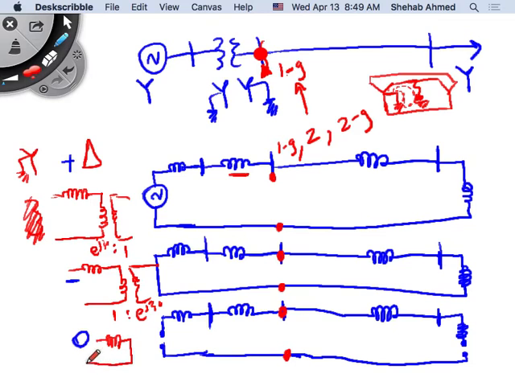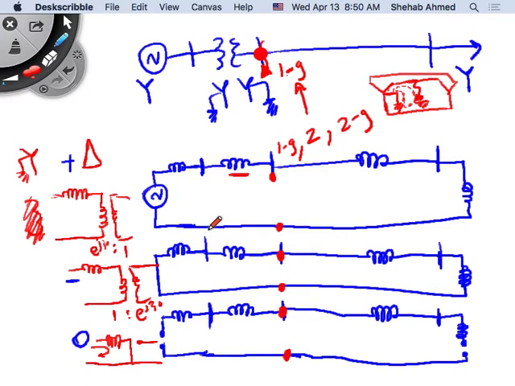Do I care about it? There's no ideal transformer anymore because there's no phase shift between primary and secondary on the zero sequence, right? It's open circuit on the zero sequence, and there's nothing happening there. Okay, so the zero sequence current will only flow here on the primary.